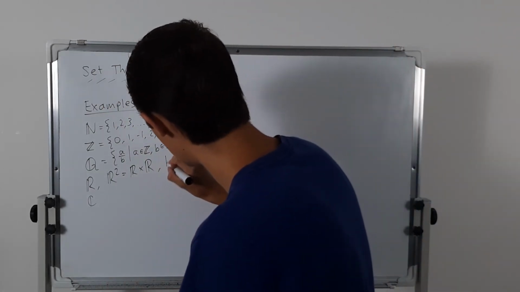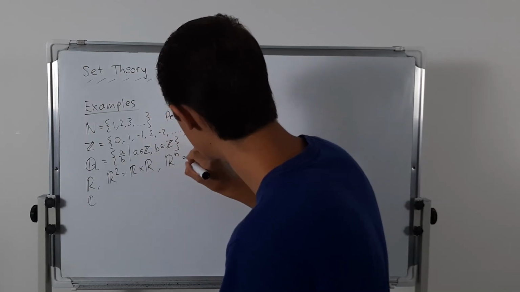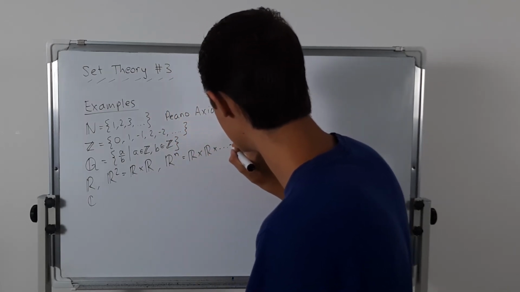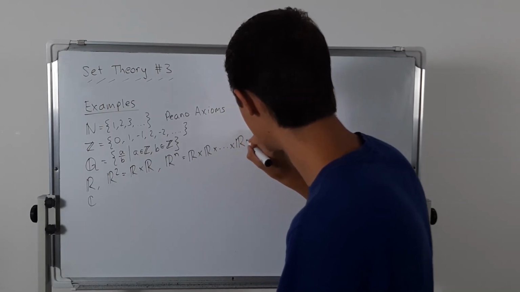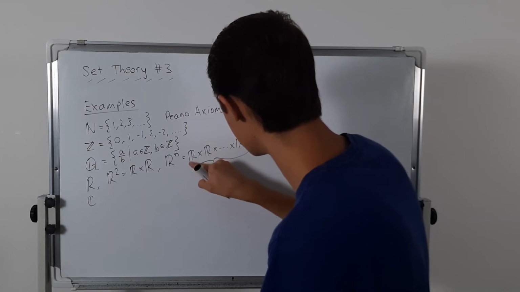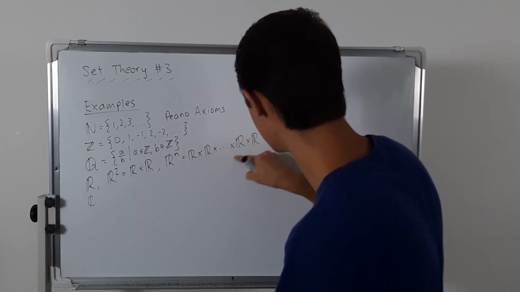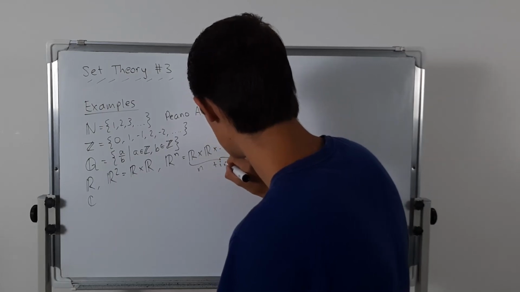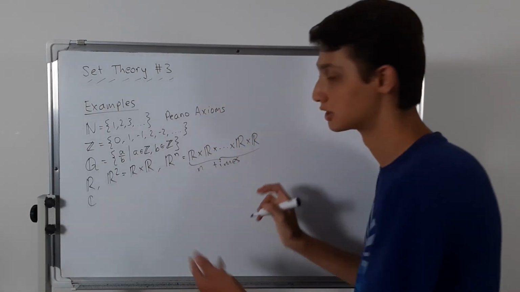And then you have R^n, which is just R times R times R, n times, basically. So it's n-dimensional real numbers.